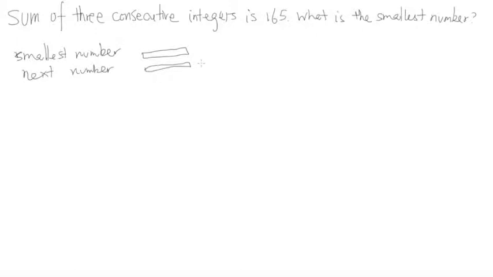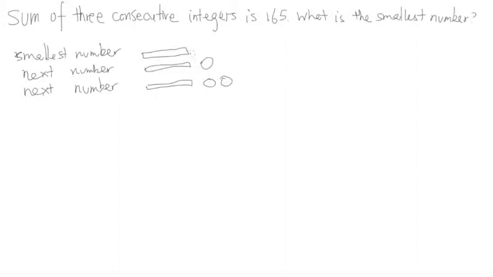So the same bar, and then one bigger. And the next number. Even though we have three numbers, you can use the same method. Just draw them and represent them with bars and circles. The next number will be one more, so I have one more circle here.